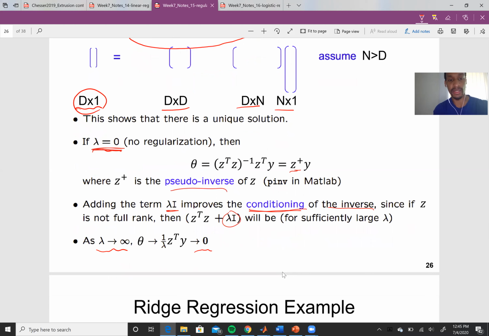Okay, and then it says as lambda approaches infinity, theta approaches 1 over lambda times this, which approaches 0, because this goes to infinity. So what does that mean?